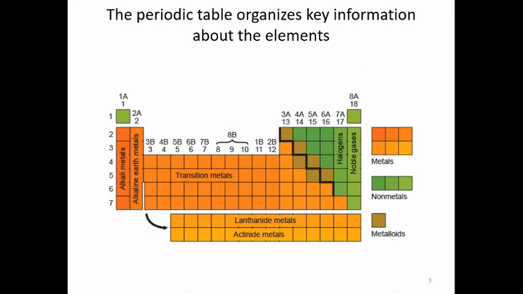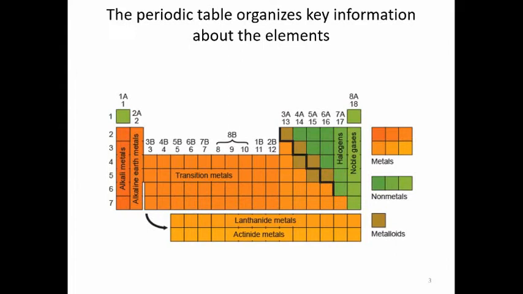In this lecture, we're going to look at several properties of elements, specifically atomic radius, ionization energy, and electron affinity, that can be understood in terms of the electron configurations and quantum numbers. Since the periodic table is based upon electron configurations, we see that these properties can often be predicted by the location of an element on the periodic table.